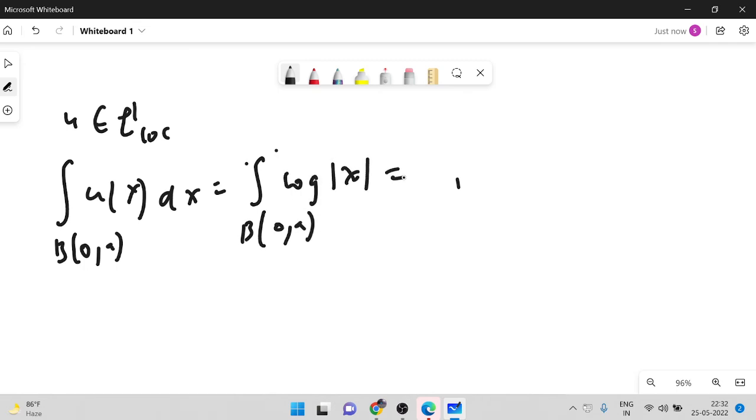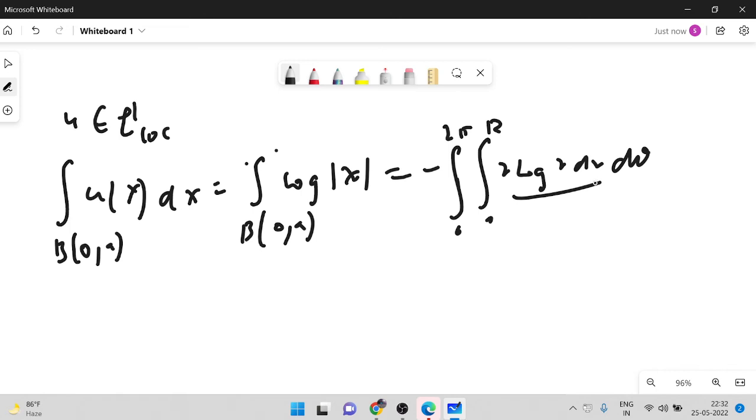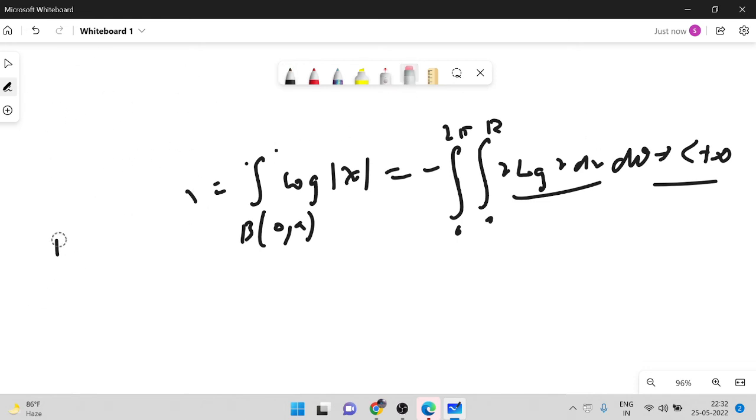Now I change this into polar form: 0 to 2 pi, integral 0 to r of log r dr, d theta. As r goes to 0, this particular inner term goes to 0. So this is basically always integrable. Now we have to show that u is harmonic, in the sense that it has to solve the Laplacian operator.